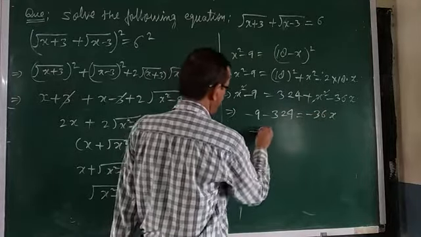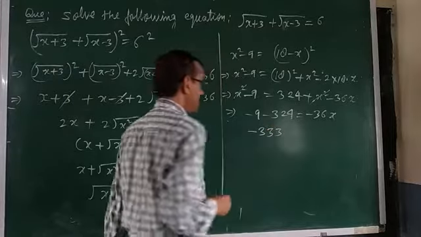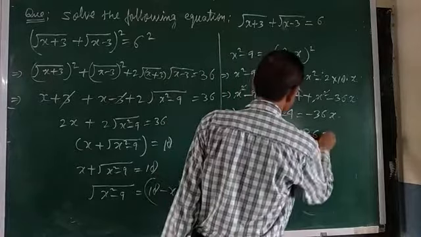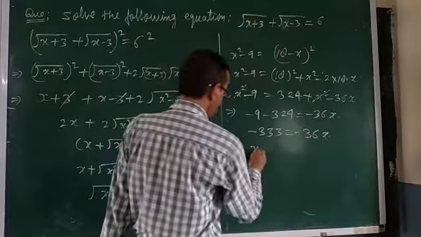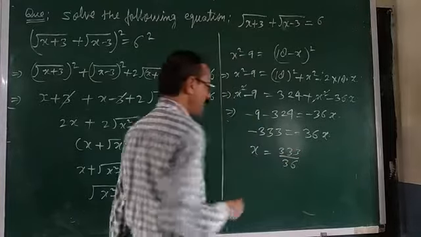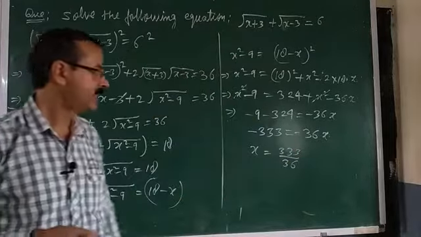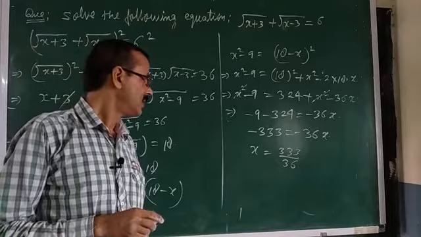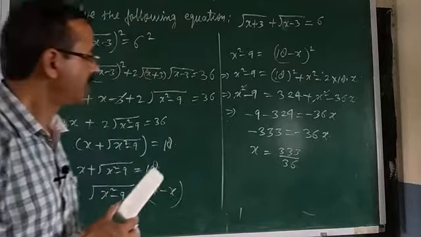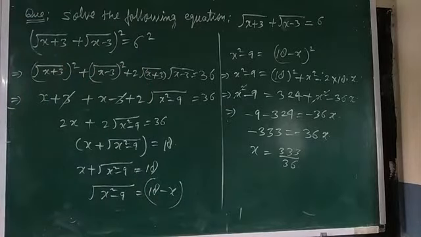What will be? Minus 333 is equal to minus 36x. Minus minus cancel. The x will be 333 upon 36. X is equal to 333 upon 36.